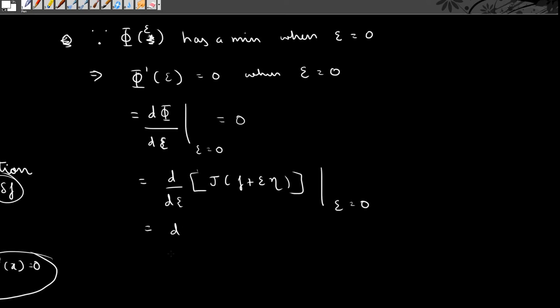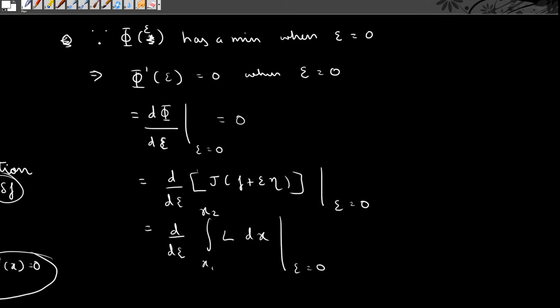So this is nothing but d by d epsilon of the integral from x1 to x2 of L dx, right? So I have to evaluate this at epsilon equal to 0.